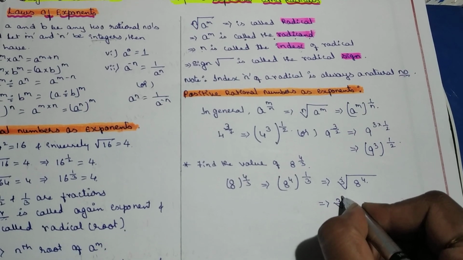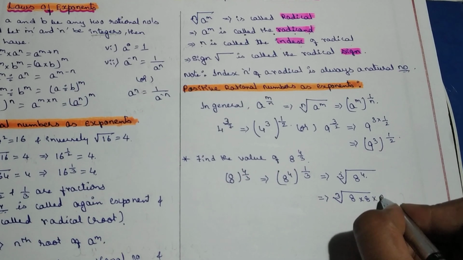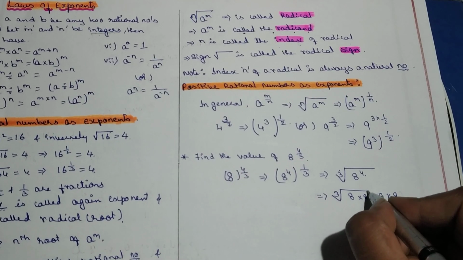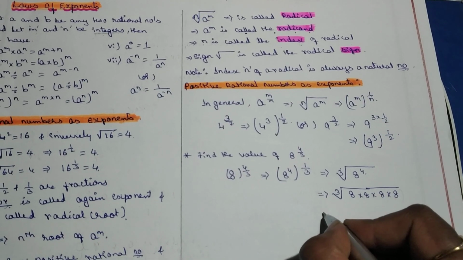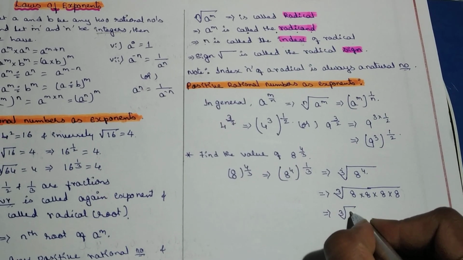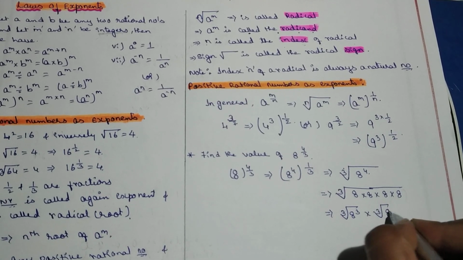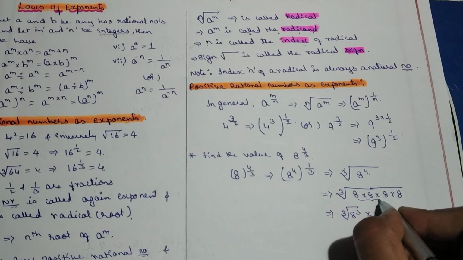Then the cube root of 8 to the power of 4 can be written as 8 into 8 into 8 into 8. Since we have a cube root here, I can write it as the cube root of 8 cube into the cube root of 8, because here 8 is repeating in triplets.